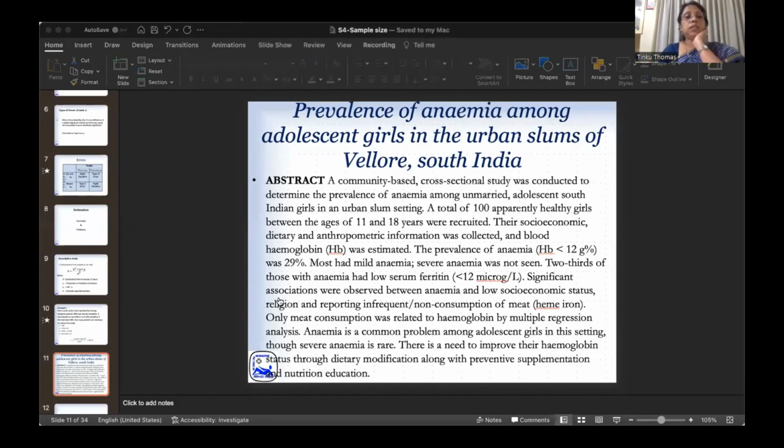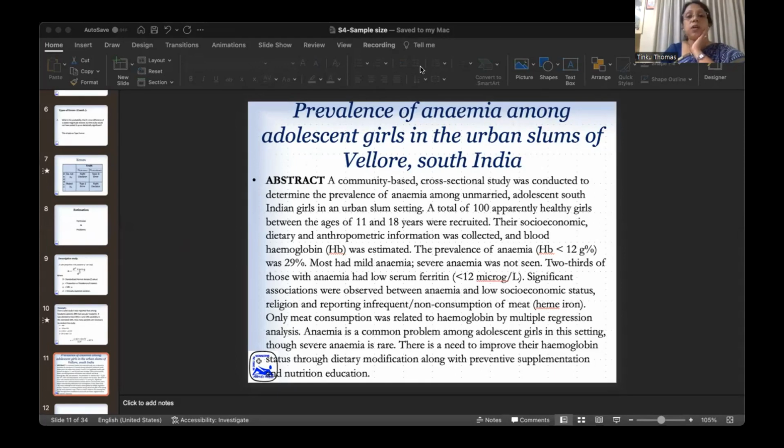You see the 95% confidence interval is fixed. I am going to take my expected prevalence to be 29%, which is what is given in the literature. So this particular paper tells me that the prevalence of anemia is 29%. You can see that here.